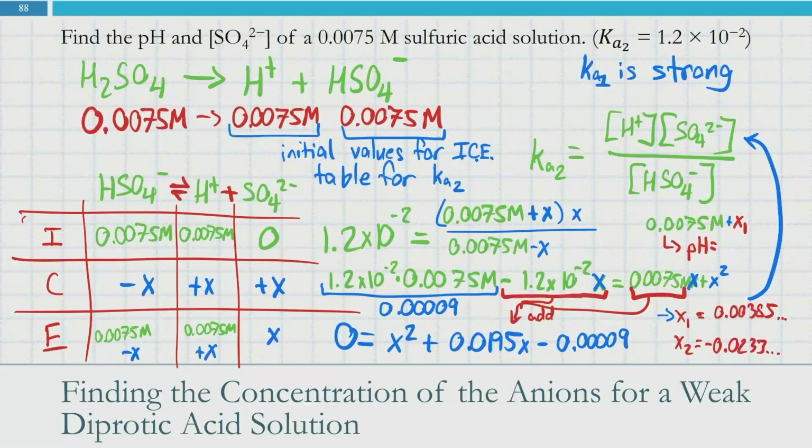Negative log of 0.0075 plus our x value, pH should be 1.94 or thereabouts.